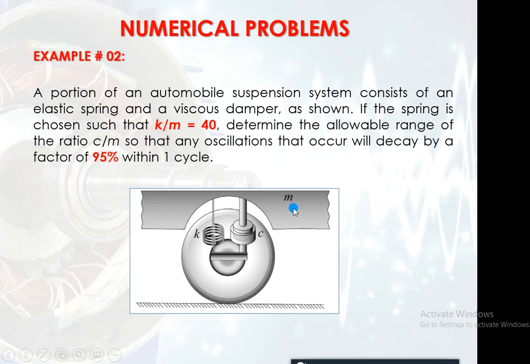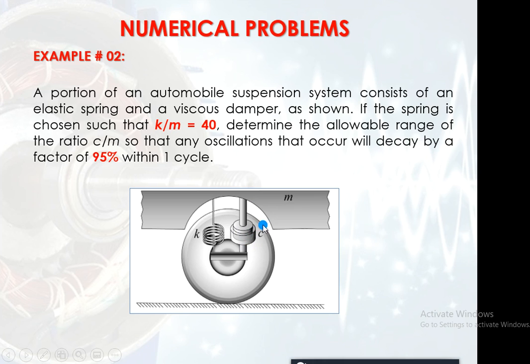Here we can see this is our sprung mass, and below the sprung mass we have a stiffness element of stiffness K, and a damping coefficient C. The damping coefficient C depends upon the viscosity of the fluid and the diameter of this cylindrical body, as well as the impact force.